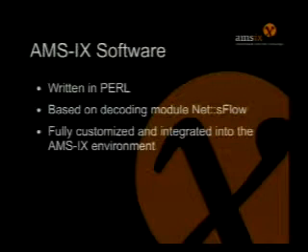First I wrote a decoding module for sFlow packets, Net::sFlow, which is open source and available on CPAN. And then we wrote a daemon around that to analyze and store the data in RRD files. Another thing about databases and RRD files: if you want to plot data, RRD is a database already, which is great because it's throwing out old data, and you don't need to clean it up like a common database.